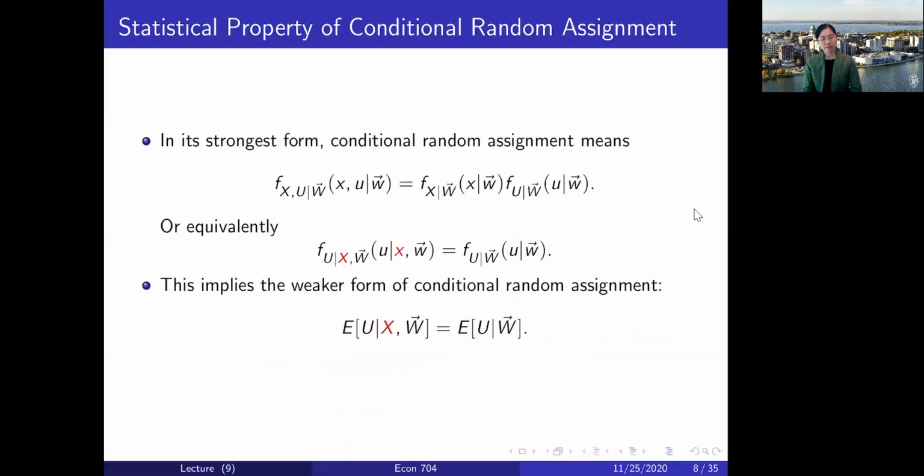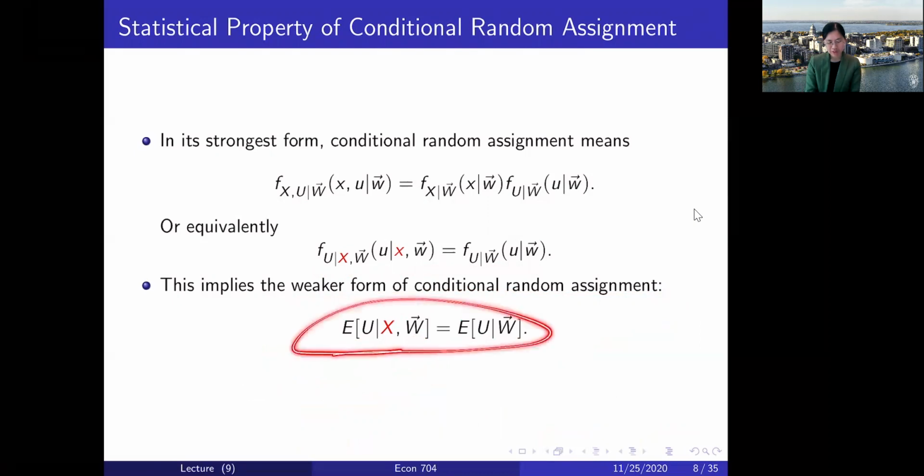And this strong form of conditional random assignment implies the weaker form of conditional random assignment. That's conditional mean of U given X and W equals conditional mean of U given only W. That is, once U conditional on W, X no longer matters for the mean of U. Okay.